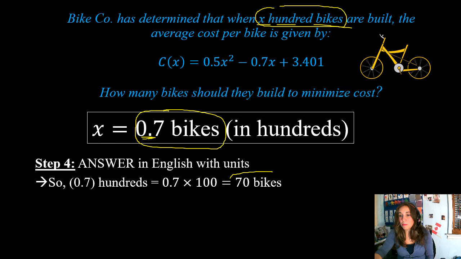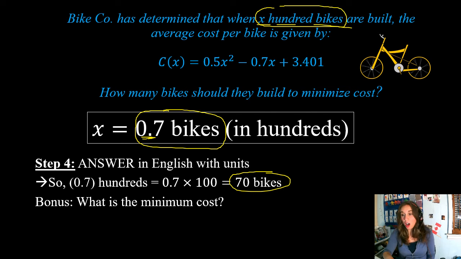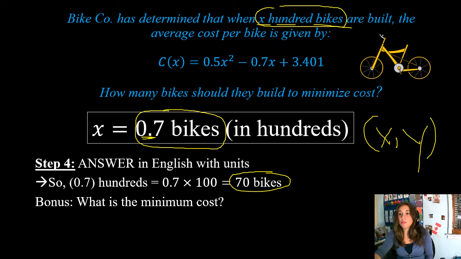So whenever you see the word minimum, minimize, maximum, maximize, you're dealing with the vertex, which is what makes these problems so nice. What if the problem had asked, what is the minimum cost? So remember, the vertex is a point, which means it needs an XY coordinate. We were asked in the original problem to find the X coordinate, the number of bikes. That's what the question asked us.